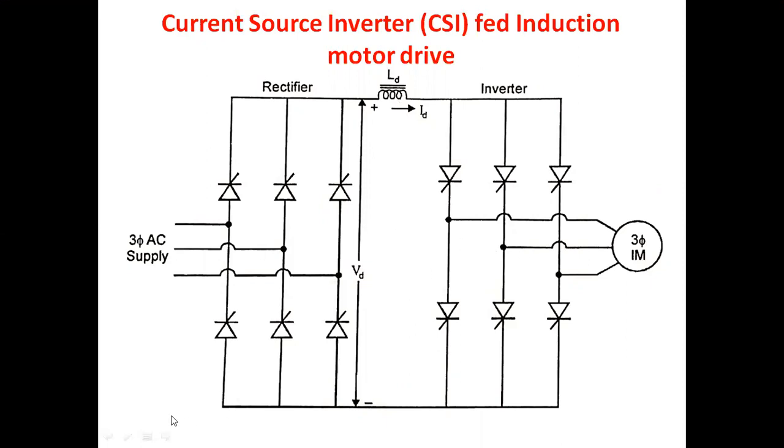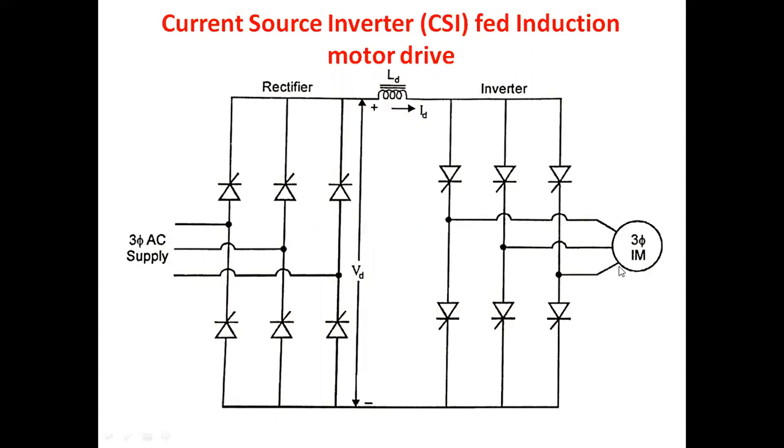Again, we need to see the importance of the rectifier that is used here at the input side. Here, the part after the inductor is a voltage source inverter. The voltage source inverter will operate in stepped wave inverter mode, that is, in 6-step inverter mode.